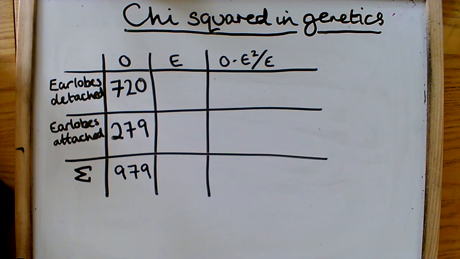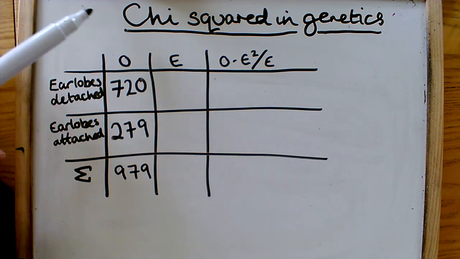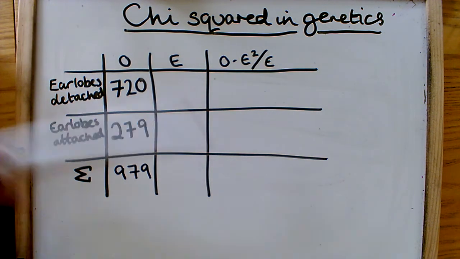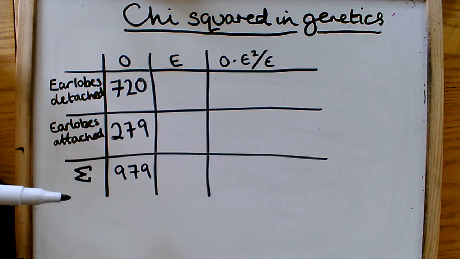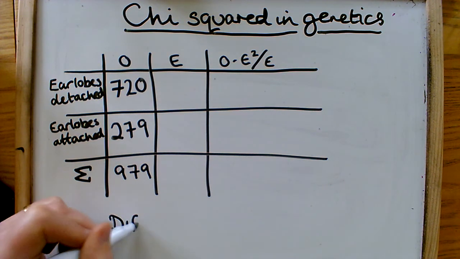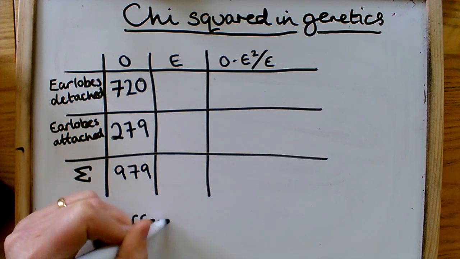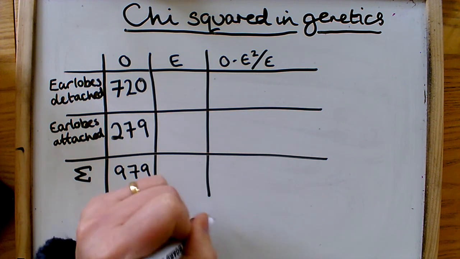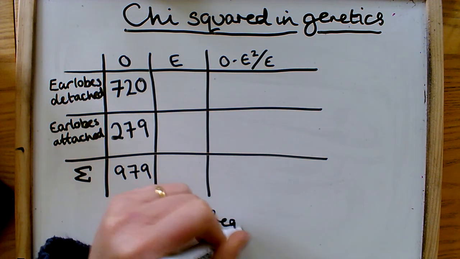Okay, so what we're going to do in this video is have a look at how we can use chi-squared as a test to see if our genetic outcomes, our crosses and our ratios, are showing us what we'd expect to see. Normally when you're doing chi-squared, you're looking for a difference, and that difference is between frequencies.